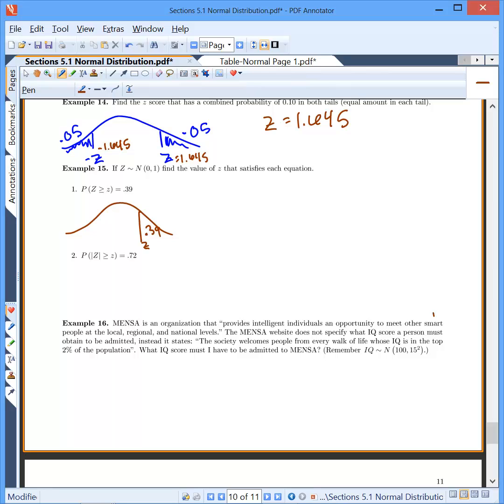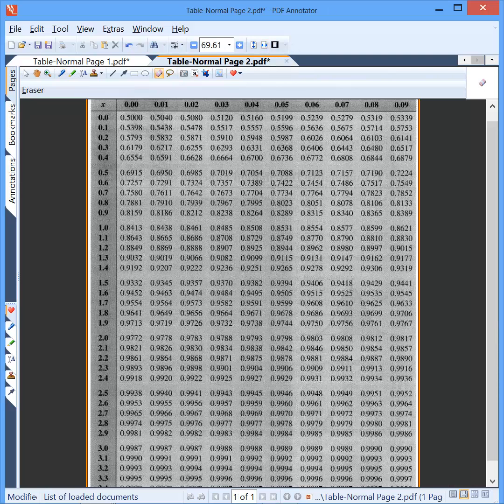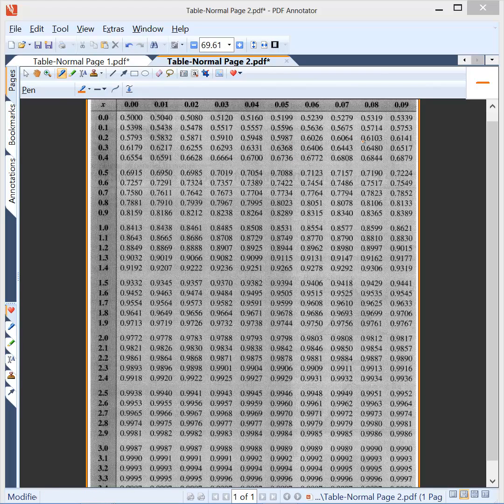Now again, if there's 0.39 area in the right, then using the complement rule, 1 minus that, the area to the left is 0.61. Again, important because my table only gives me areas to the left. So I'm looking for 0.61 area to the left. That will be on the second page of my normal table. I'm looking for 0.61; it's the probability, so it's on the inside.